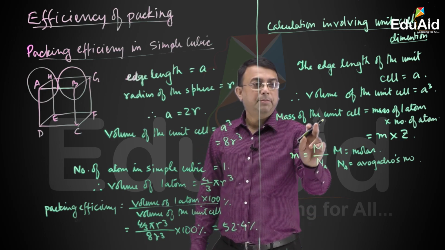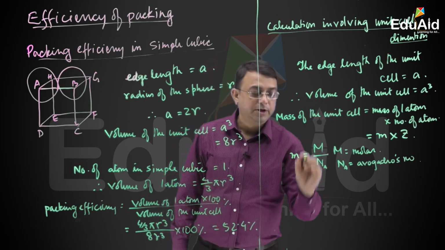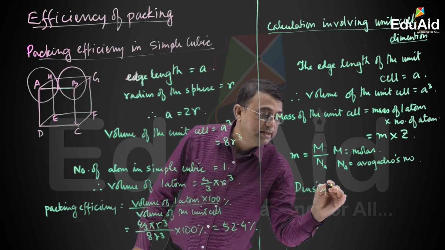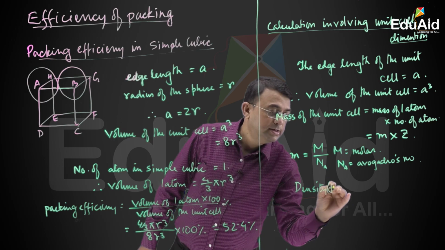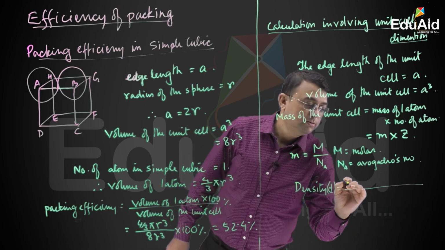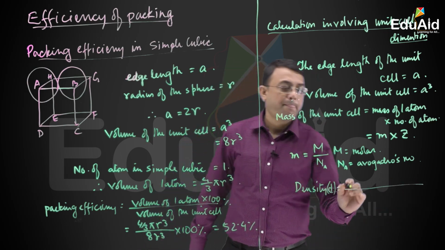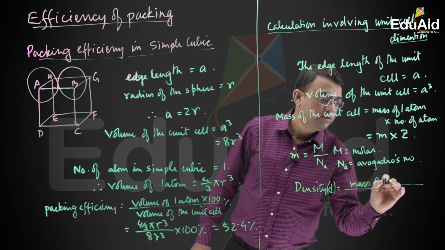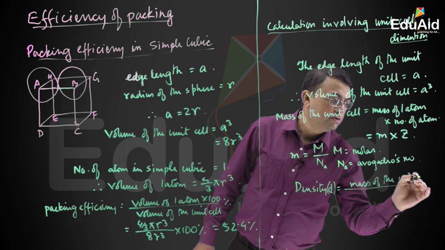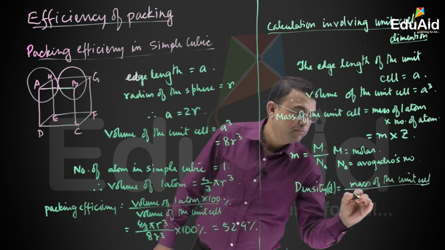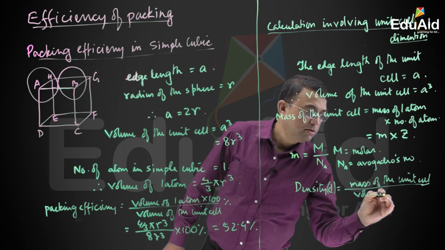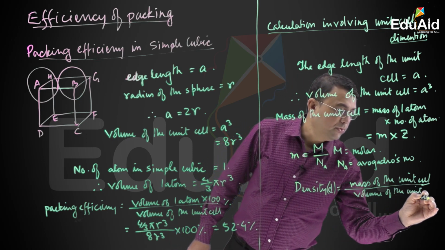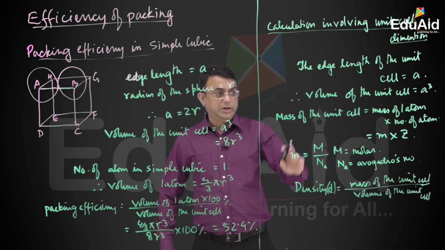Now, by knowing the mass and the volume of the unit cell, we can find out the density. What is the density D? Density D equal to mass of the unit cell by volume of the unit cell. What is the mass we have seen?